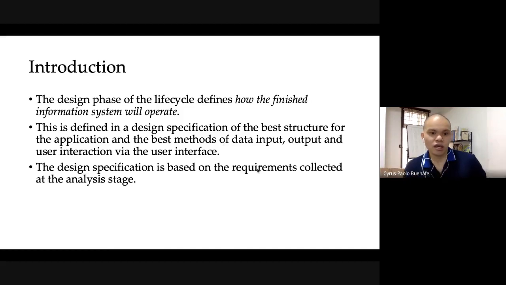Okay. Now, your systems design is supposed to specify the best structure for the application and the best methods for the input, the output, and the user interaction involved in that system. So not only is it just a mere how or a mere way of doing things in order to achieve the what, it has to be the best possible how that you can think of.